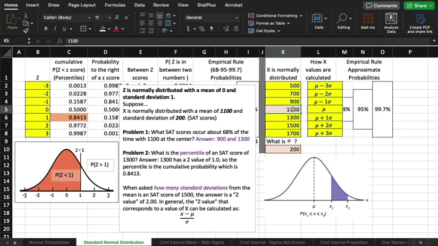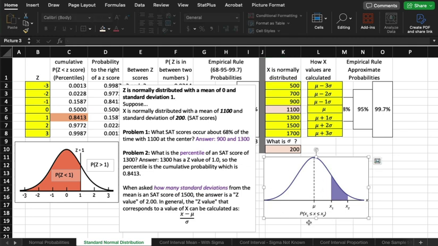Starting with your center value of 1100, you either add sigma to get on the plus side, or you subtract sigma to get on the negative side. If you look at the graph down here, those values correspond to values that are either on the positive side of the mean or on the negative side of the mean.